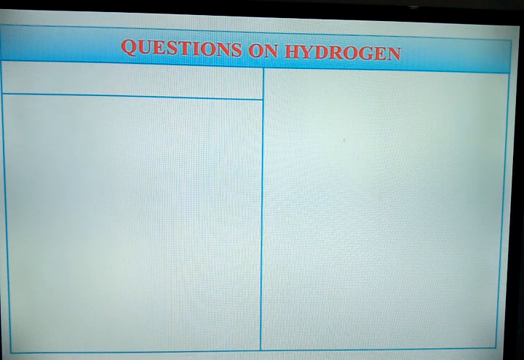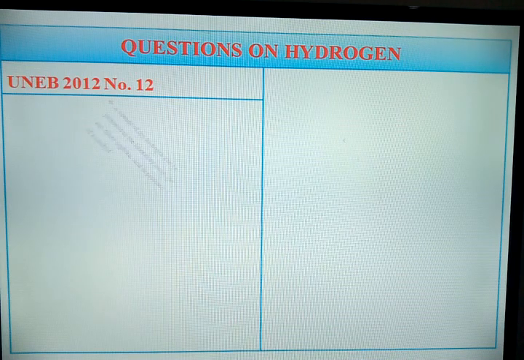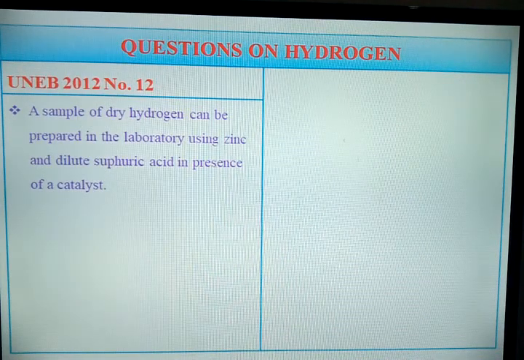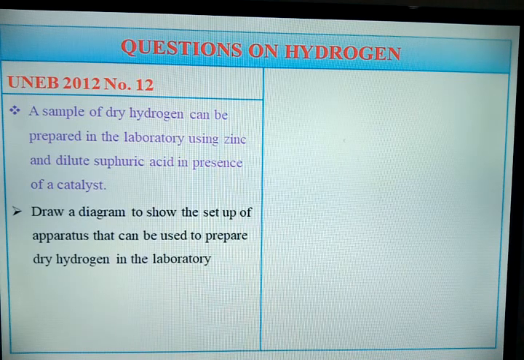So we summarize hydrogen gas by leaving a few questions that I would love you to attend to. And if you find any challenge, please feel free to talk to us, WhatsApp me. I will at least guide you in that aspect. A dry sample of hydrogen can be prepared in the lab using zinc and dilute hydrochloric acid in presence of a catalyst.